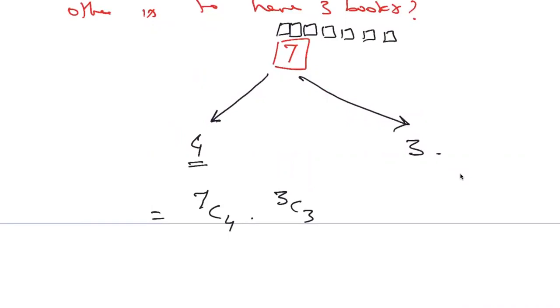So with the selection only, we can say these 4 books are for the first student or the second student, right?